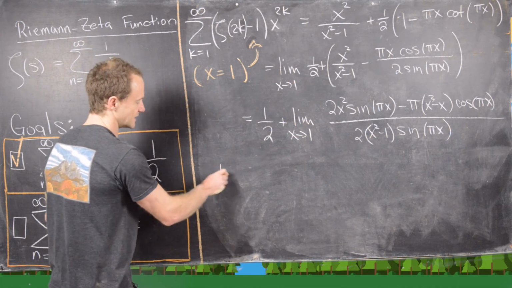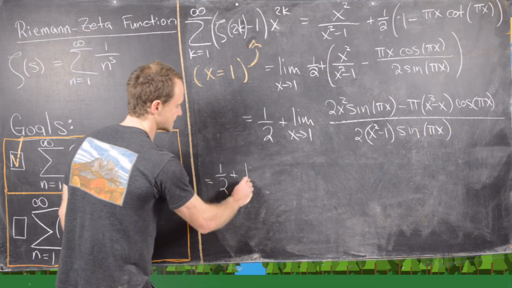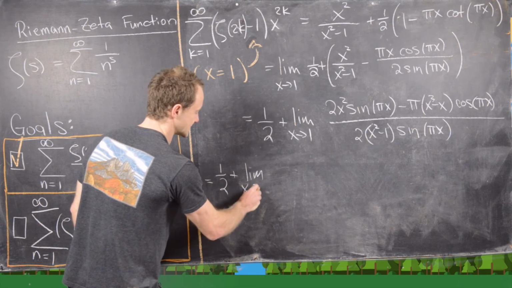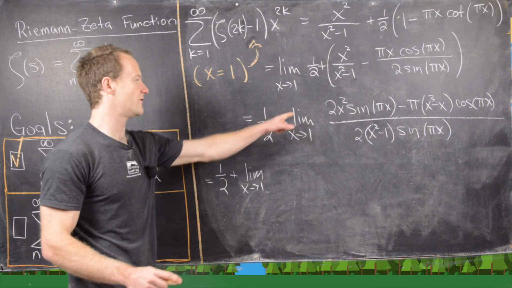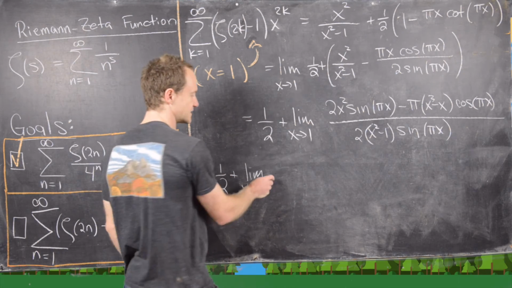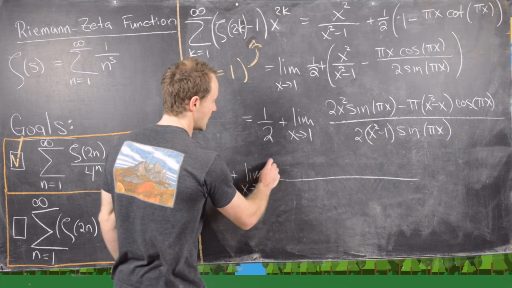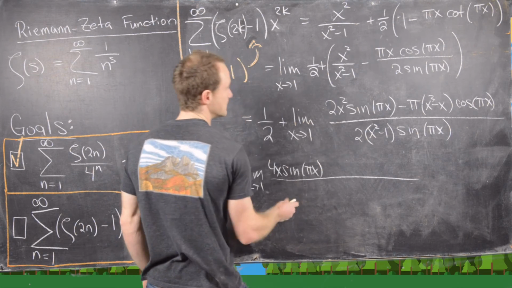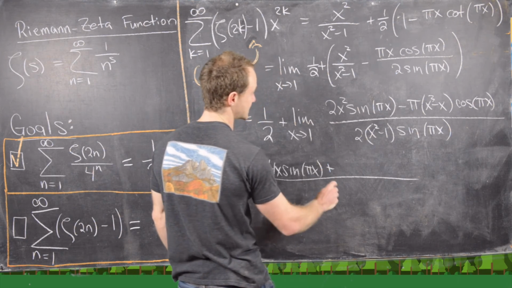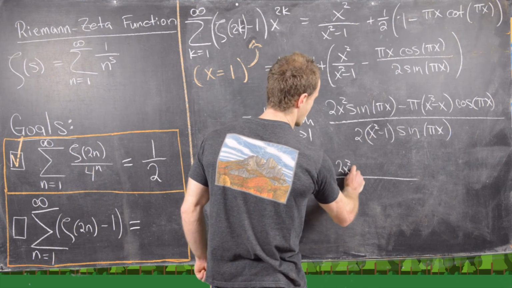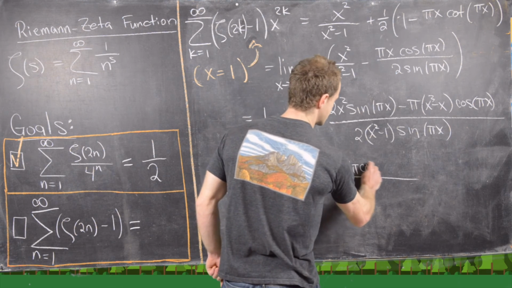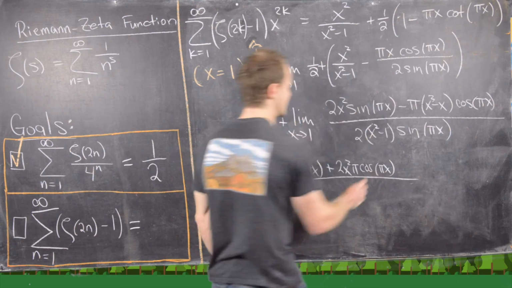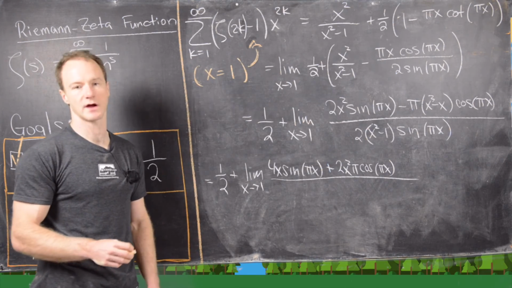So let's see, that's going to give us 1/2 plus the limit as x approaches 1 of, so now taking the derivative of this numerator, we will get 4x times the sine of pi x, and then that's going to be plus 2x squared times pi times the cosine of pi x, where I had to use the product rule and the chain rule there.